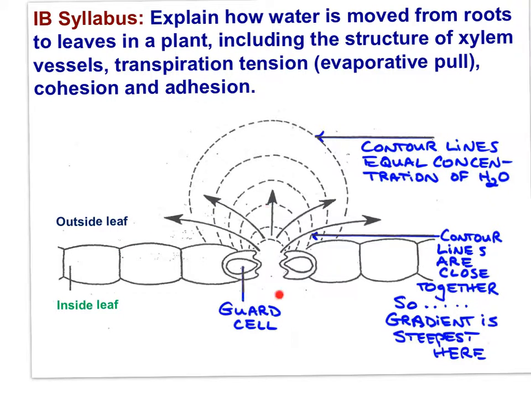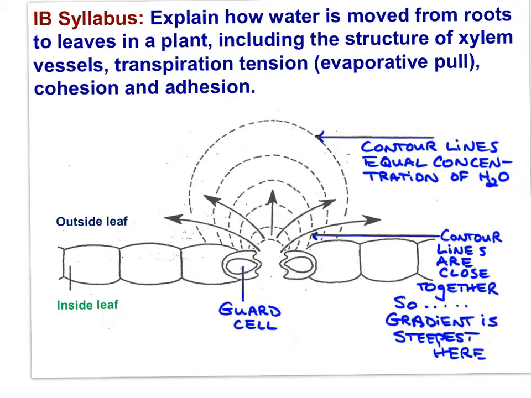Thus, water will leave stomata. These lines of water vapor concentration present a water vapor gradient, a change in the amount of water vapor from inside to outside the leaf. Water will diffuse out of the leaf due to a concentration gradient related to water.